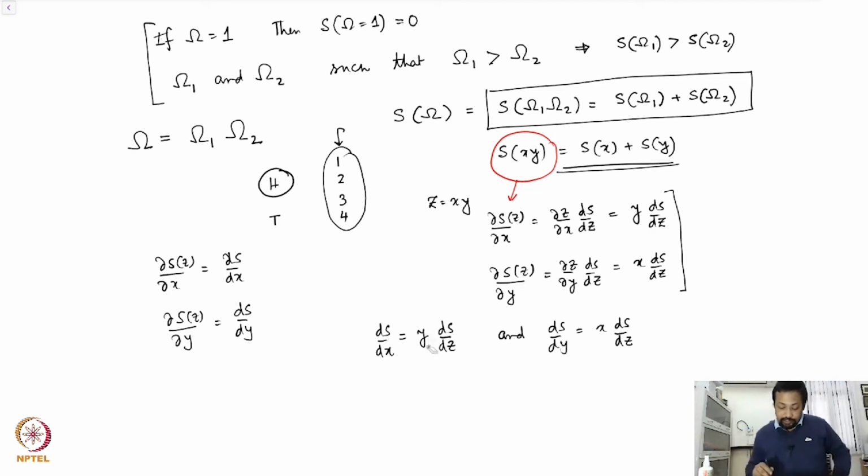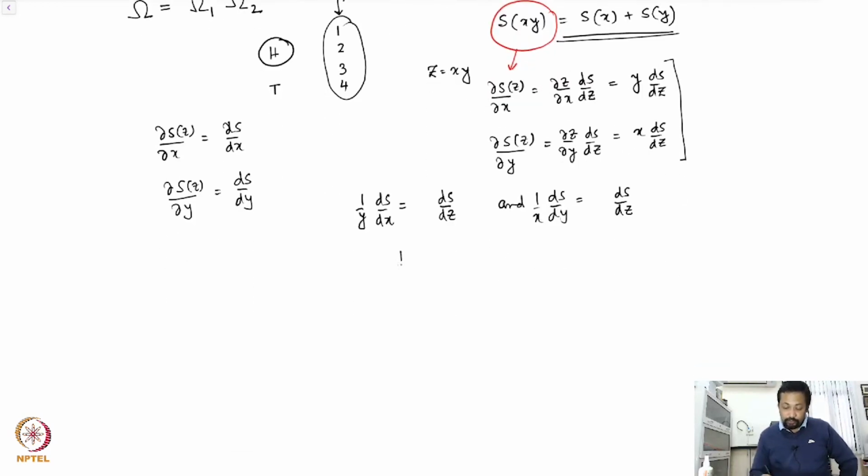So which means I can just write down dS by dz and put 1 over y over here and 1 over x over here, so that 1 by y dS by dx is equal to 1 over x dS by dy, which would imply x dS by dx is equal to y dS by dy.